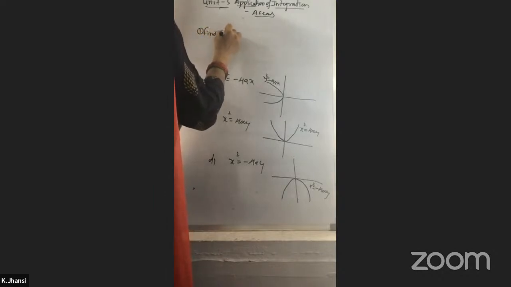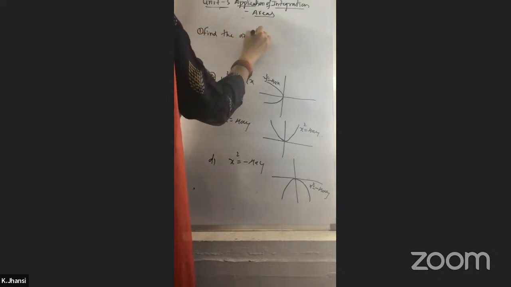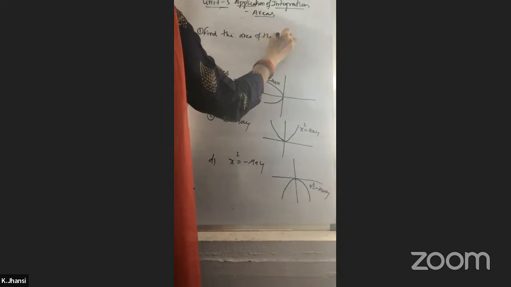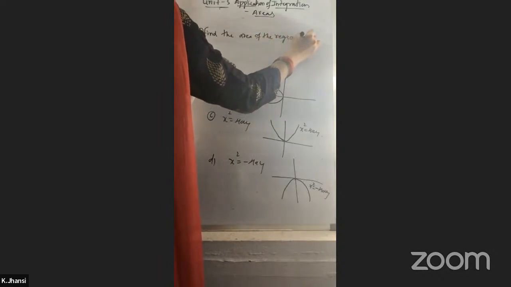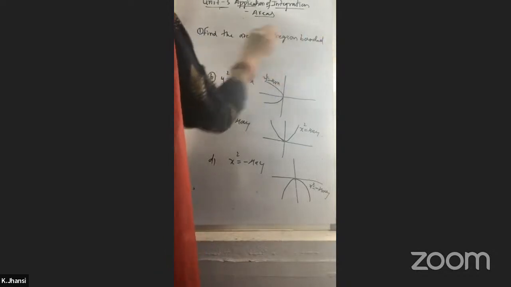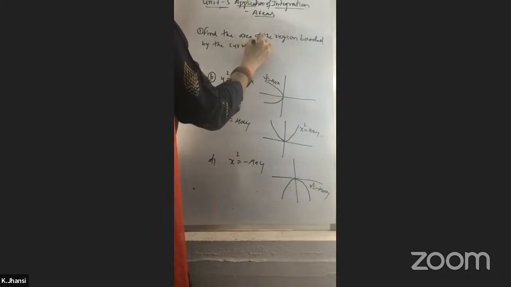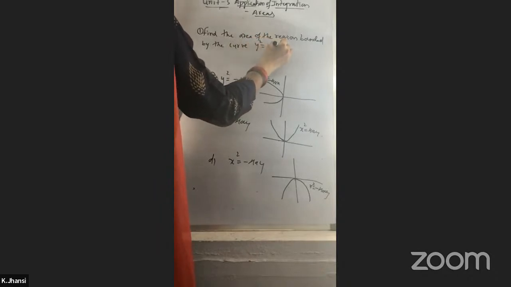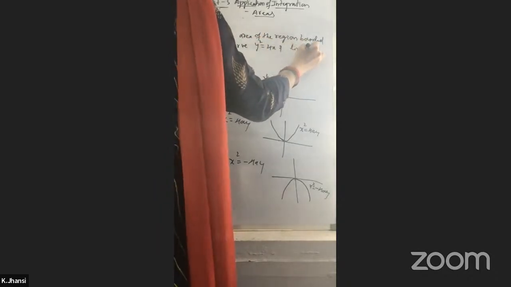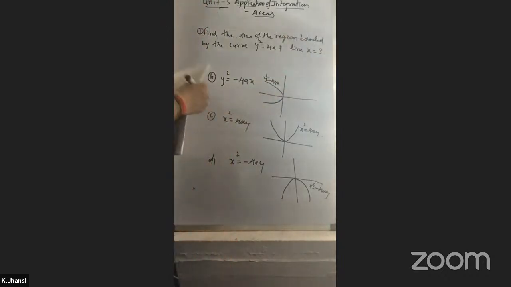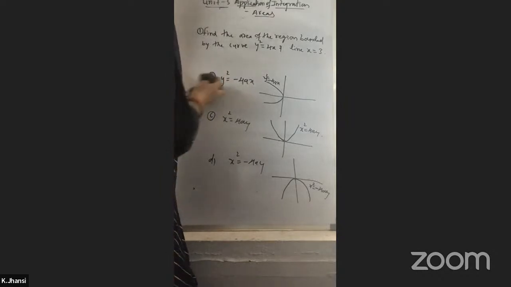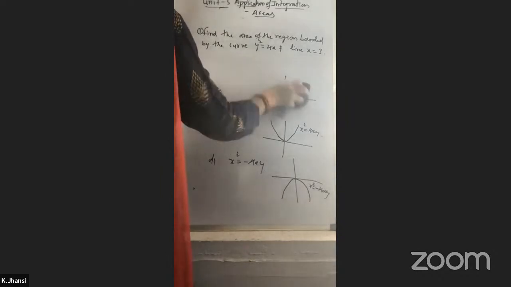Find the area of the region bounded by the curve y square equals 4x and the line x equals 3. Between these two figures, whatever area is covered, that area we have to find.